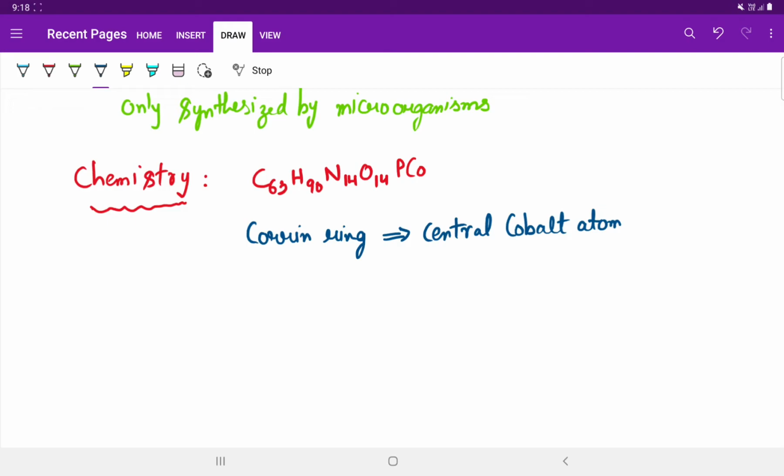So it has basically 4 pyrrole units. The Corin ring is having 4 pyrrole units that are bound to each other either directly or through methane bridges.